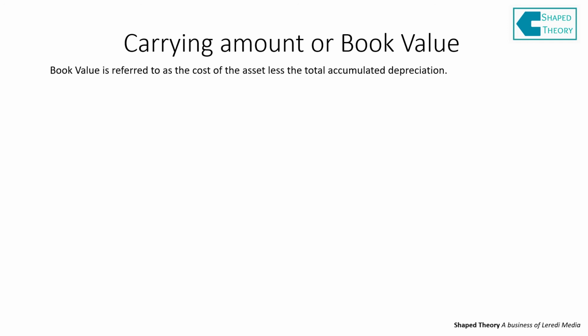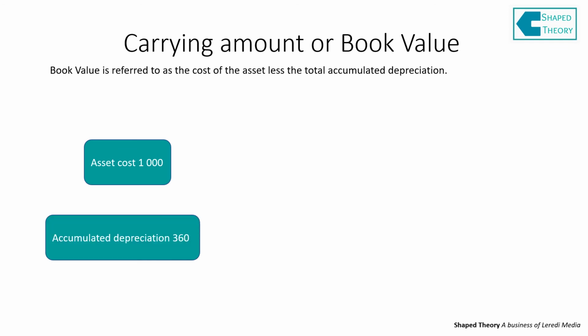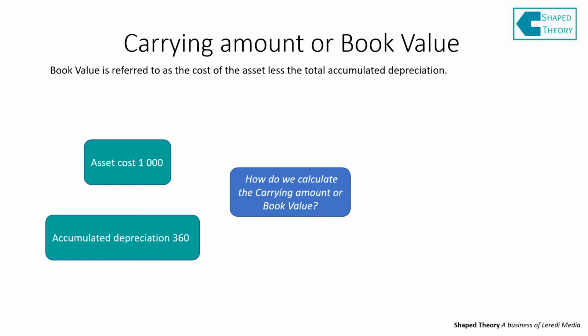Let's say company A has an asset which has the cost price of 1,000. The accumulated depreciation of this asset, including the current year depreciation, is 360. We will calculate the carrying amount or the book value of the asset by doing the following in this instance.